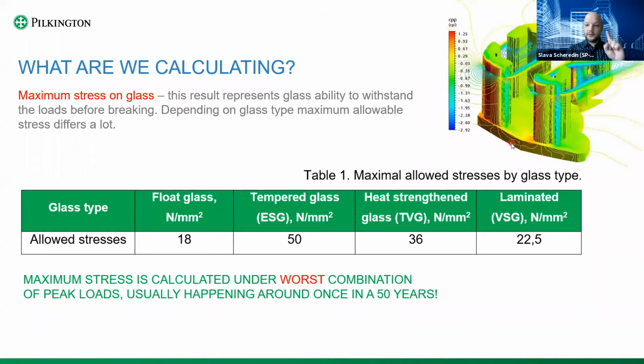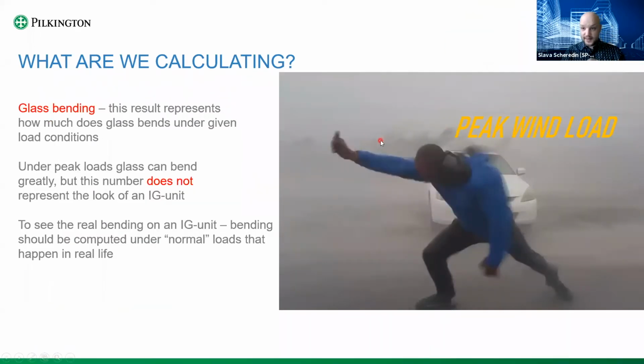So first, stress. Second one, glass bending. How much the glass will bend under given loads. And here comes the tricky part. When we are doing a calculation for wind load, remember, this is the maximum wind once per 50 years.